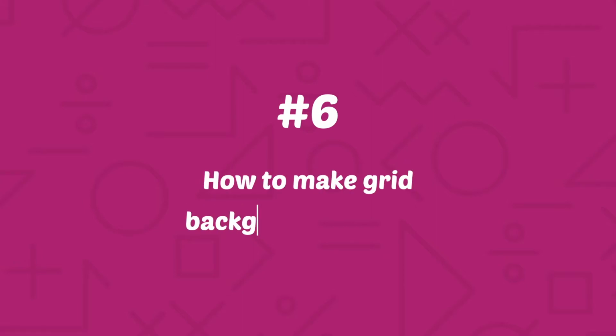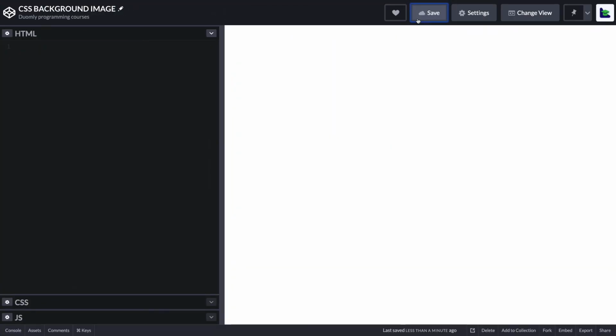And now we are going to create a grid image background. So here we will have some more work in HTML. Let's create body and let's create container, which will be our display grid element, because we need to create a CSS grid.